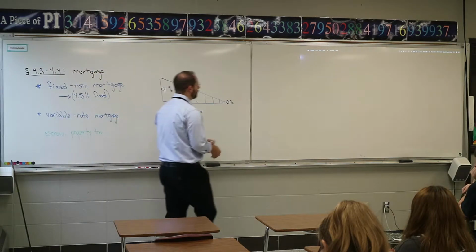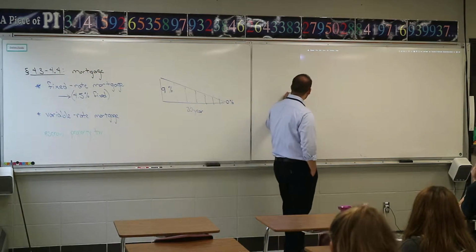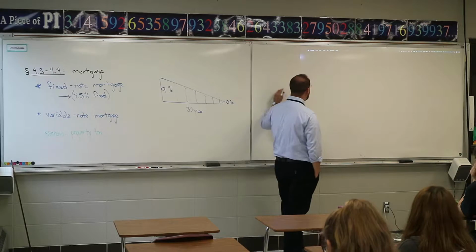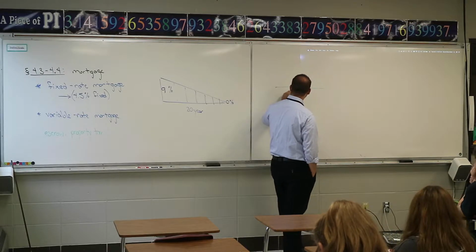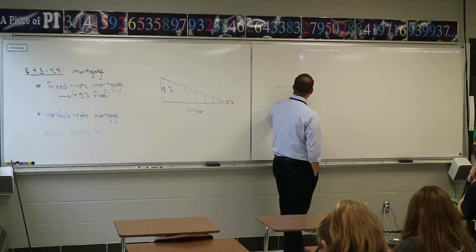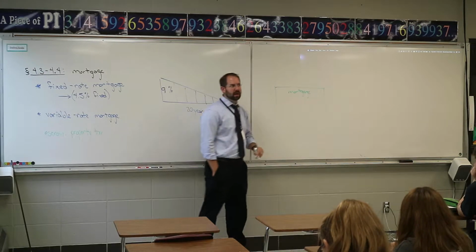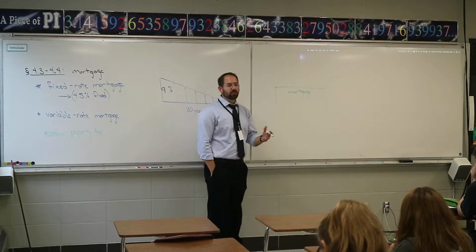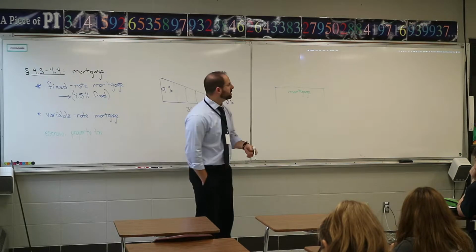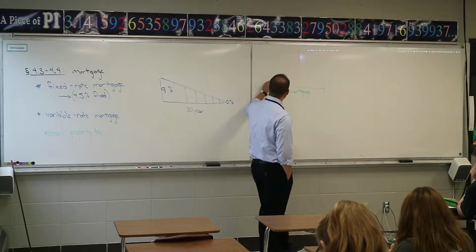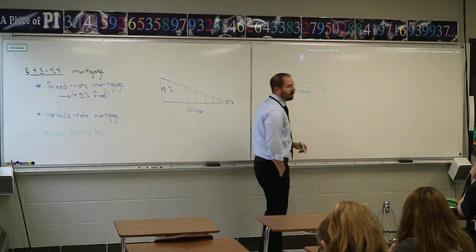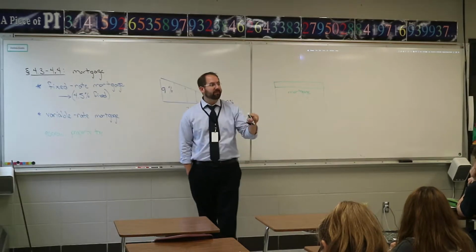Well, here's the problem. When you're paying off a home, you still have that mortgage payment that you're making until you pay it off, right? So what they'll do for you, and you have the option of doing this, you can add your property taxes in, and the bank will pay it for you.